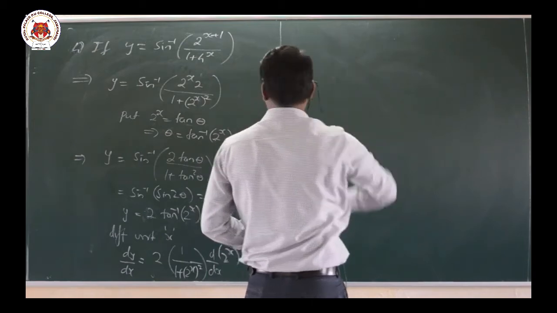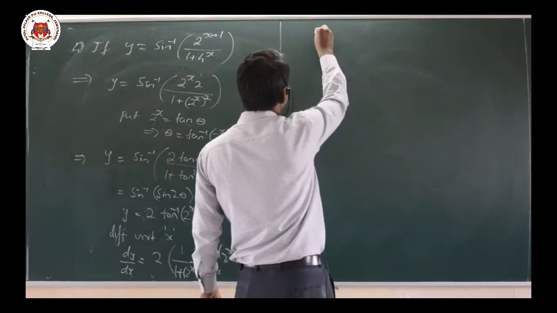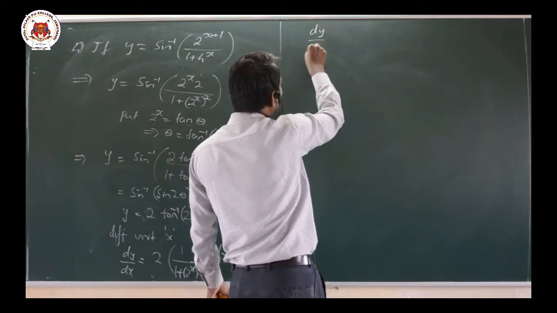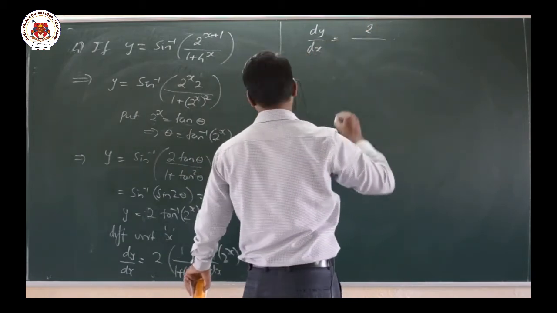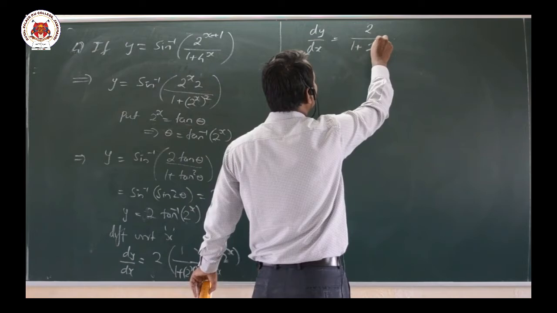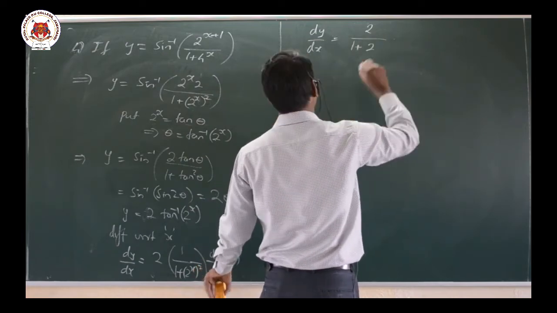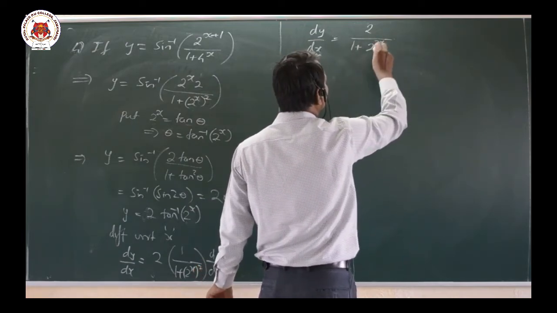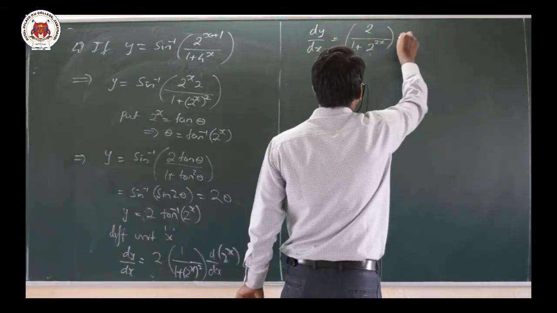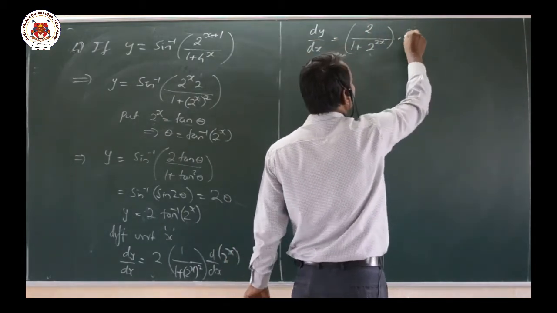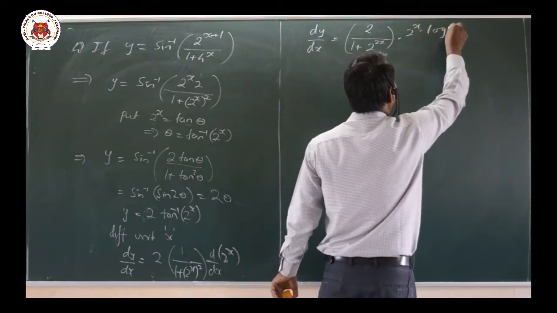So dy by dx equal to 2 divided by 1 plus 2 raised to x whole square, that is nothing but 4 raised to x, into the differentiation of 2 raised to x, which is 2 raised to x into log 2.